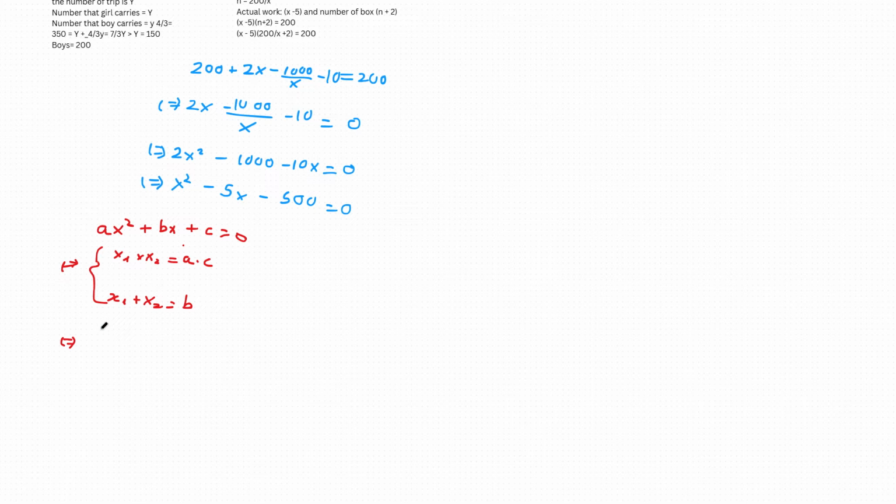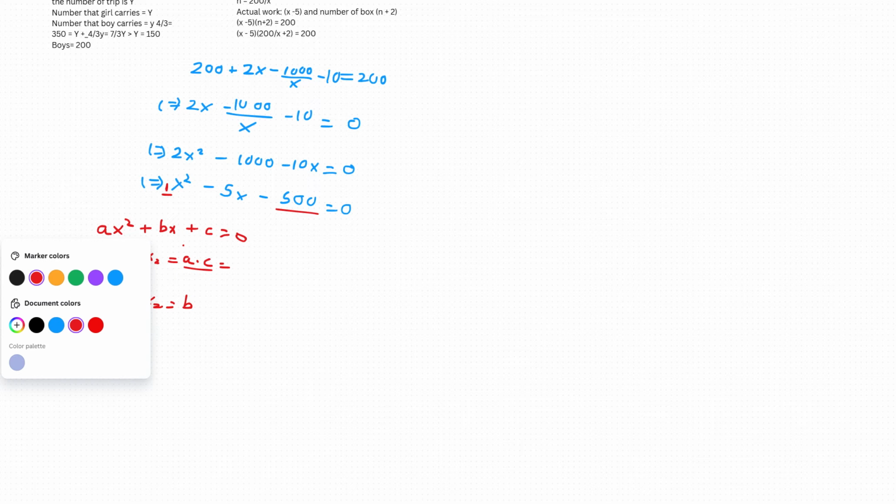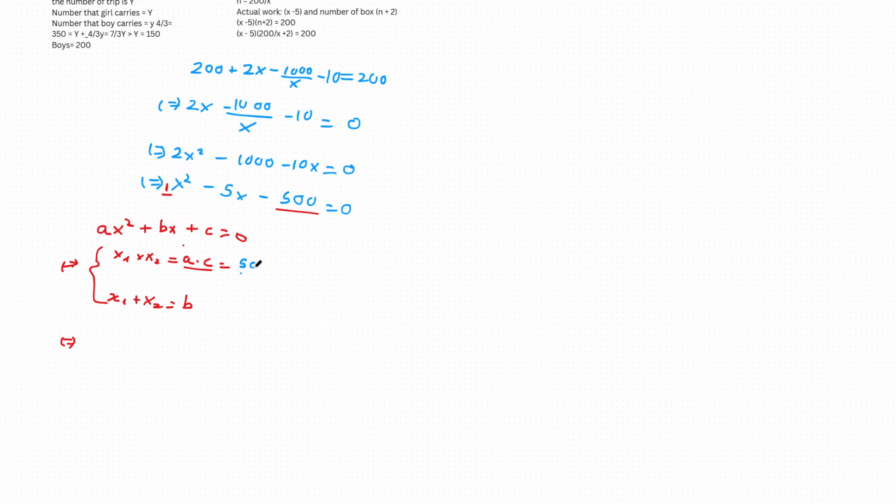Based on this, a is actually 1, so the product is minus 500, and the sum is 5.